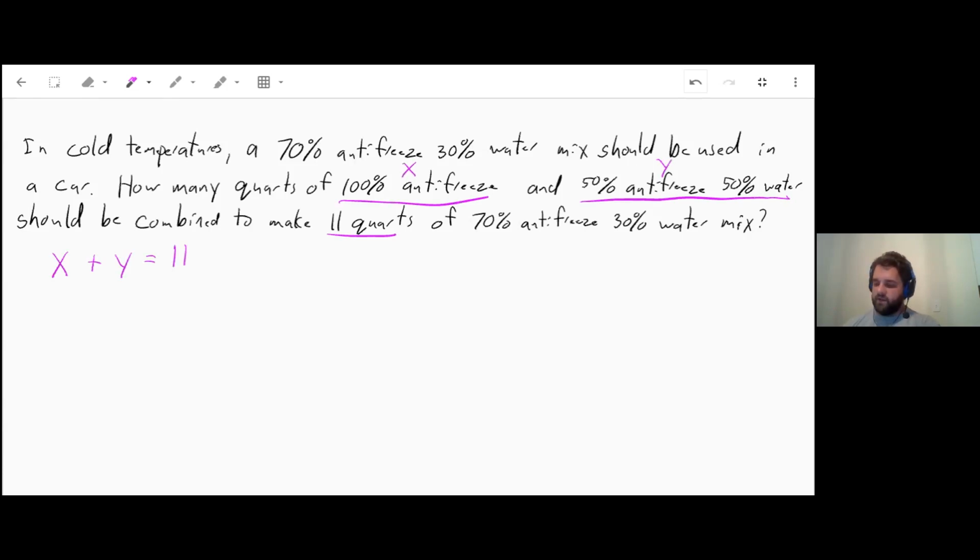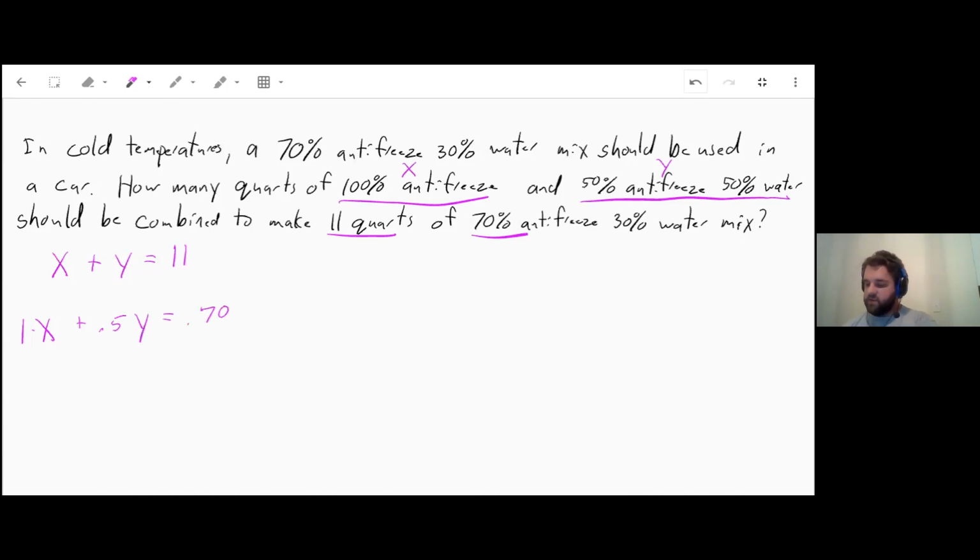Now, the other nice thing is our goal is we're trying to make 70% antifreeze. So we have 100% times X plus 50% times Y. That needs to come out to make a 70% mixture.